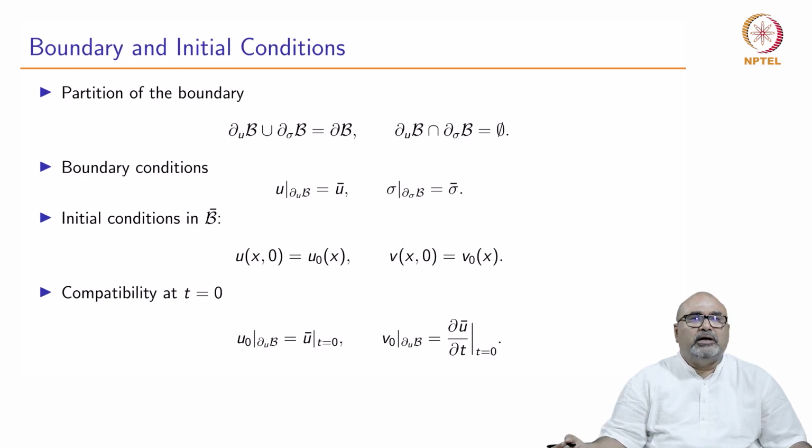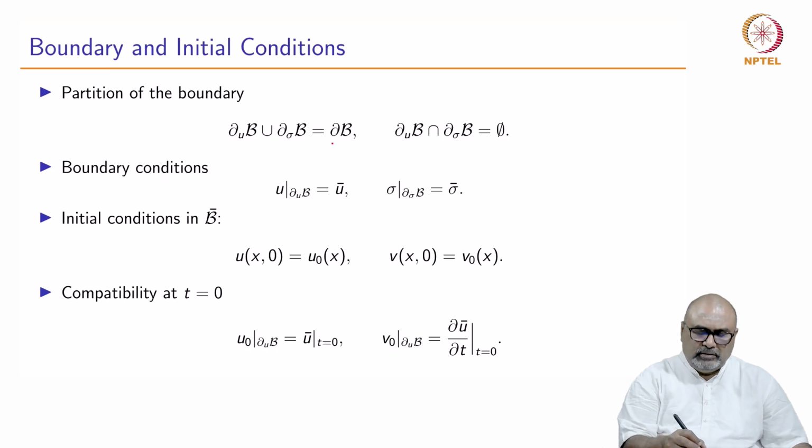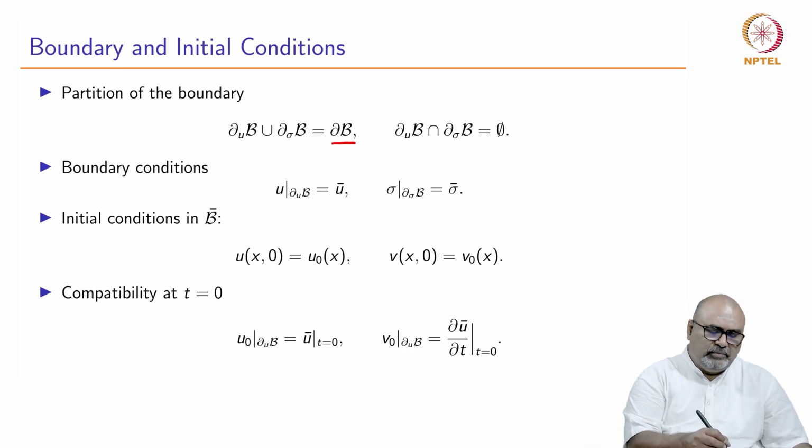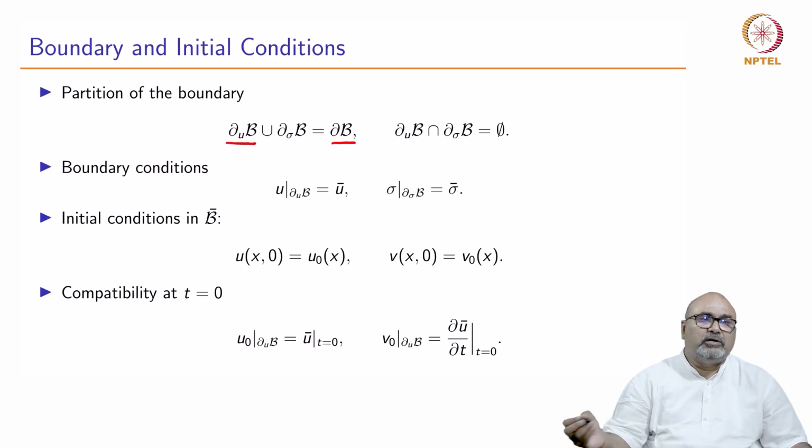Now, the domain has boundary dou B, and this boundary is split into two parts. One is the Dirichlet boundary, another is the Neumann boundary. The Dirichlet boundary, denoted as dou U B, is where displacement boundary conditions are prescribed, and the Neumann boundary, dou sigma B, is where force boundary conditions are prescribed.